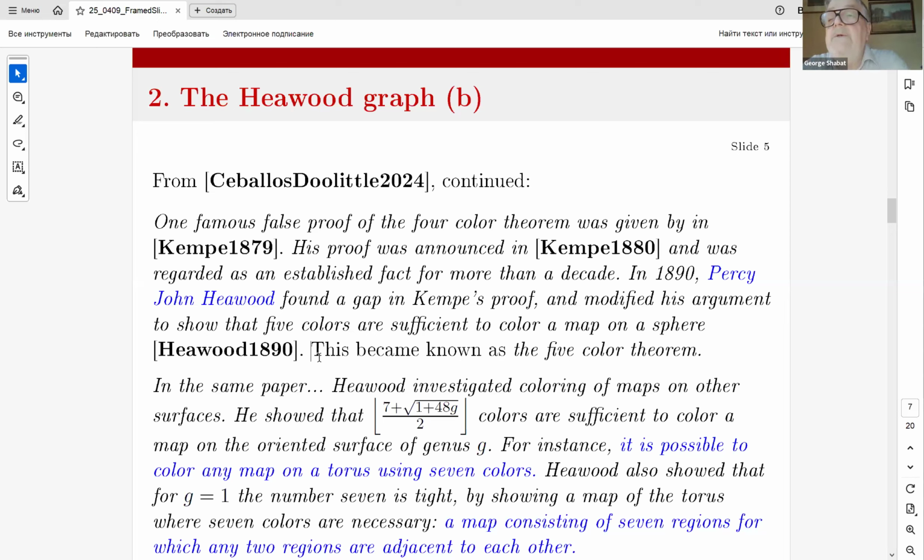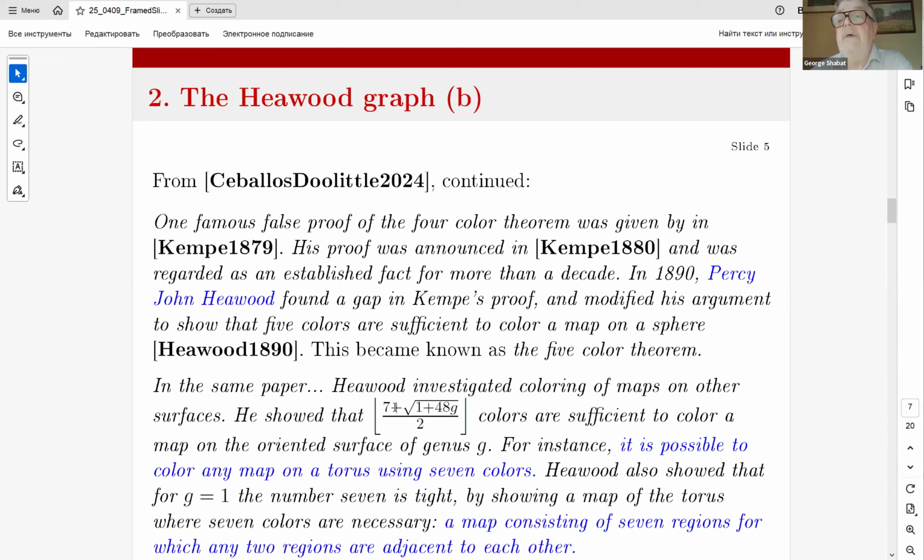The most famous is the four-color theorem. Heawood himself proved the weaker five-color theorem, and then he established this number.